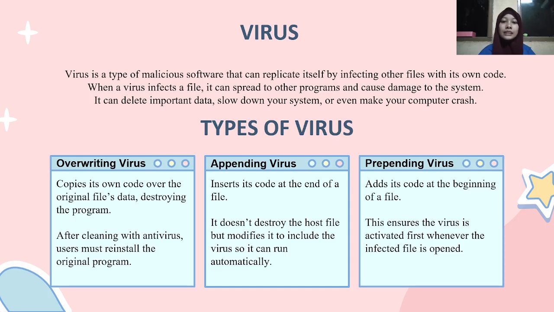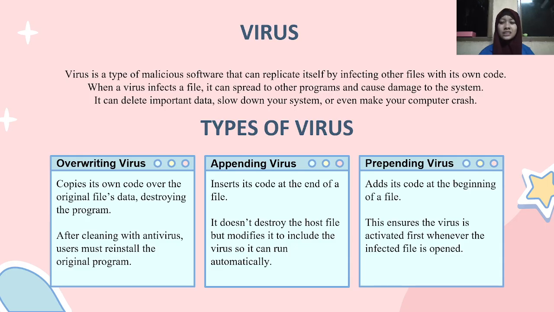Here there are three types of virus. Firstly, there is overwriting virus, which copies its own code over the original file's data, destroying the program. After cleaning with antivirus, the user must reinstall the original program. And there is appending virus, which inserts its code at the end of a file.